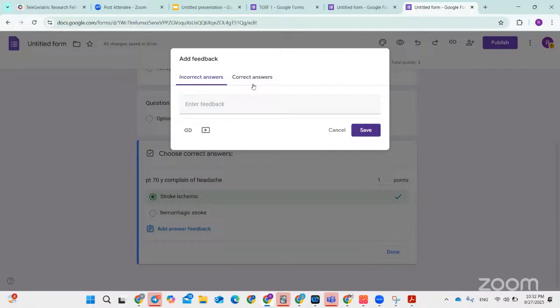If they answered incorrectly, you can elaborate more about the imaging, what they find, and why it is not correct. Or if they answer correctly, you can leave it empty, or you can elaborate more on why it is right.